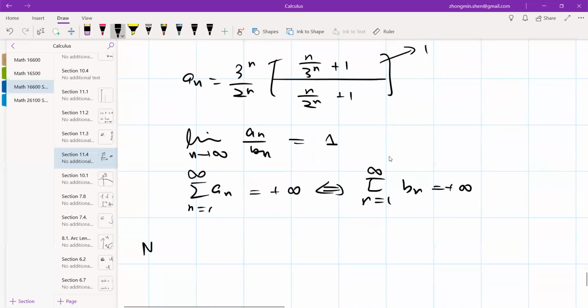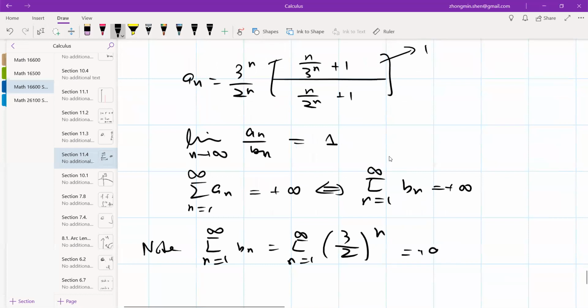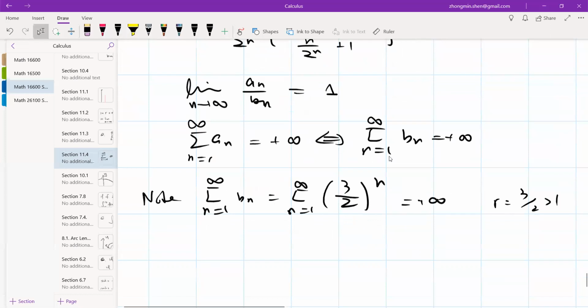So note that, but clearly this is infinite. Why? Because it's a geometric series with ratio 3 over 2, which is greater than 1. So it's divergent. So that implies the other one is divergent.